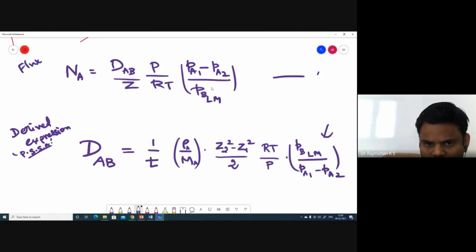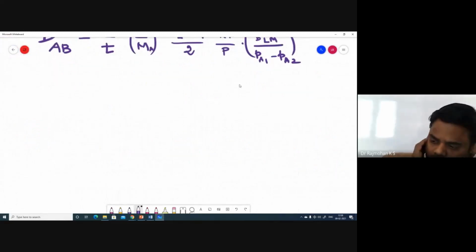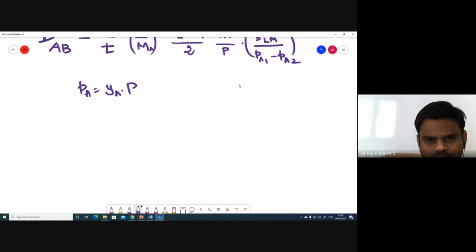We can write for this equation what the change will be if we want to express the driving force in terms of mole fraction. We know just the basic definitions. We know how partial pressure is defined: PA is equal to YA into the total pressure.